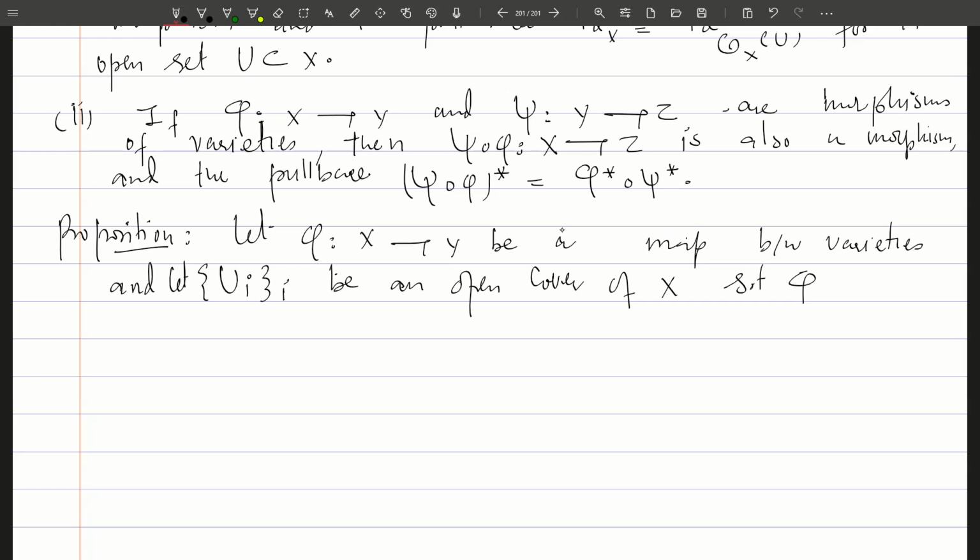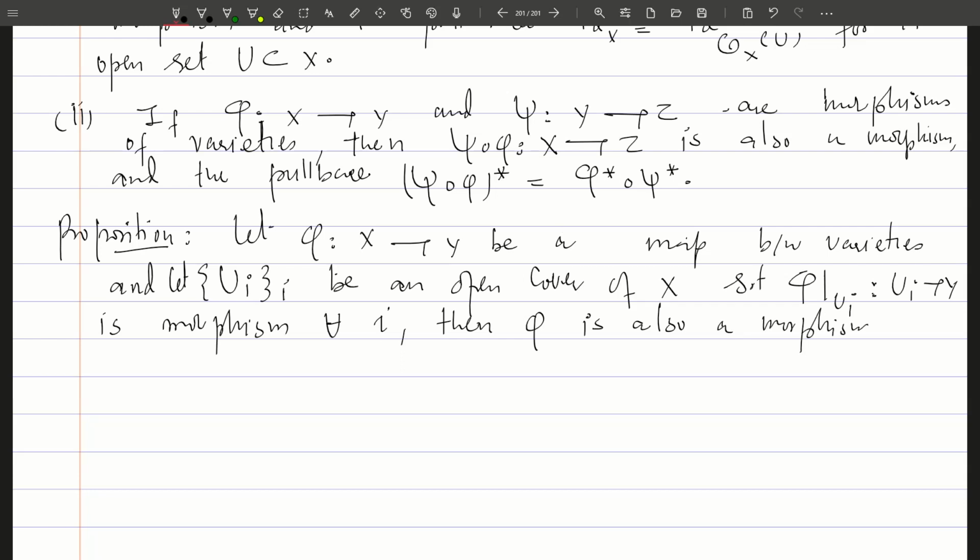And let these U_i cover X such that if I restrict phi to each U_i, which is a map from U_i to Y, these restriction maps are all morphisms, so that phi restricted to U_i is a morphism for all i. Then phi is a morphism as well. And so this is the first item.